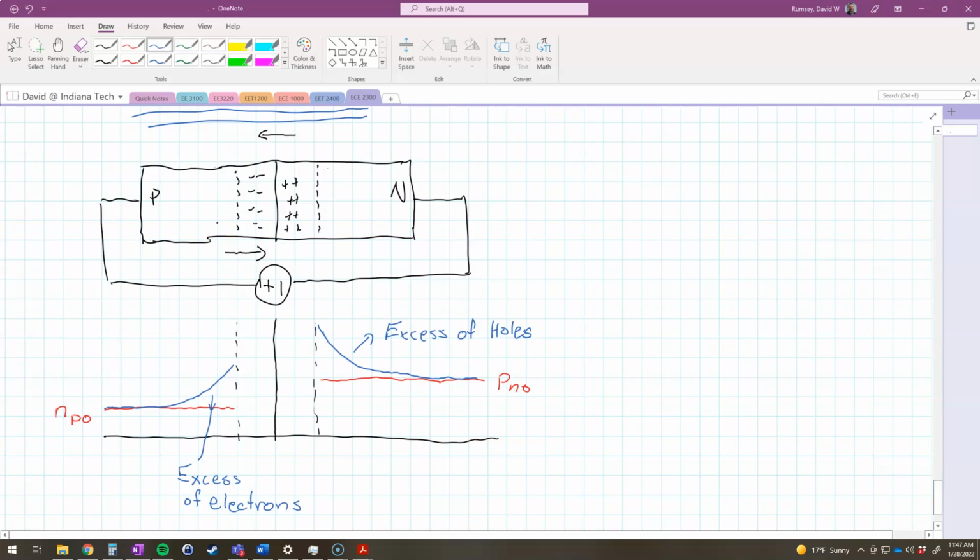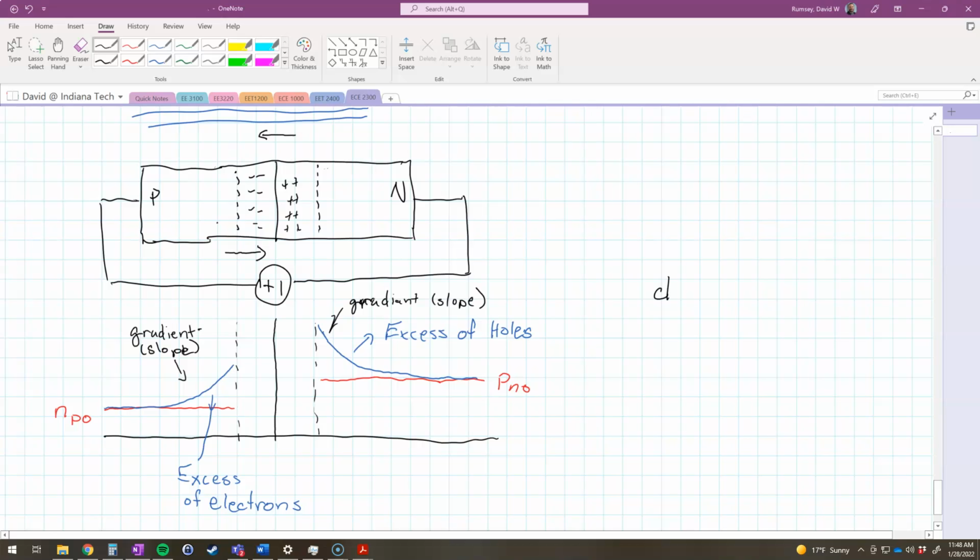All right, so then what happens here? Well, we have a gradient, in other words, a slope at each point here, and the same thing over here. What does that tell us?